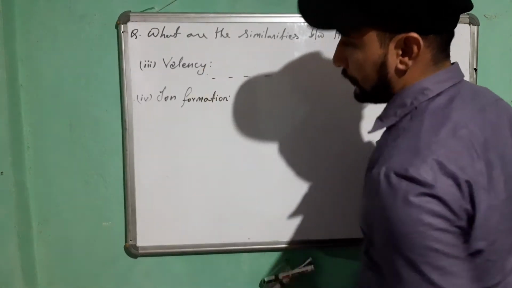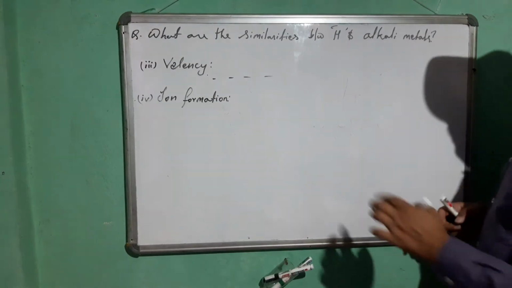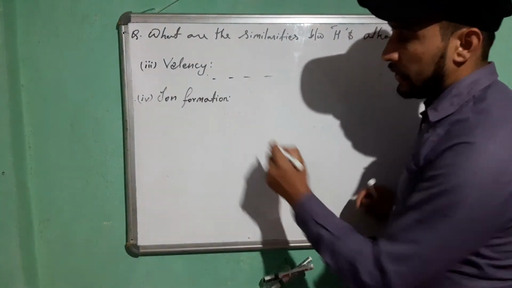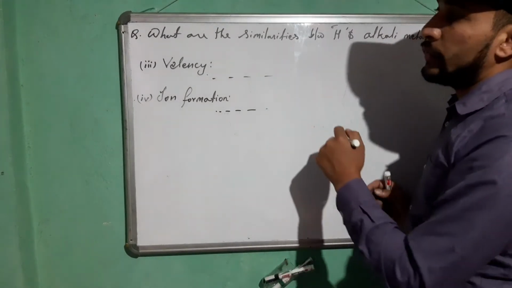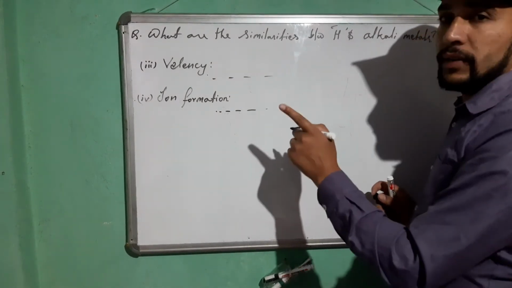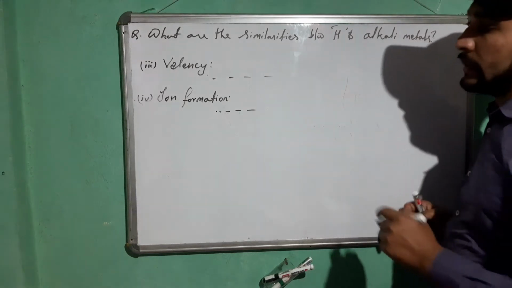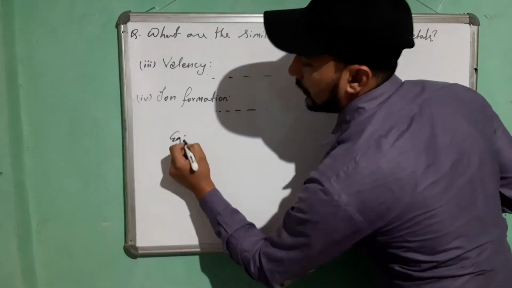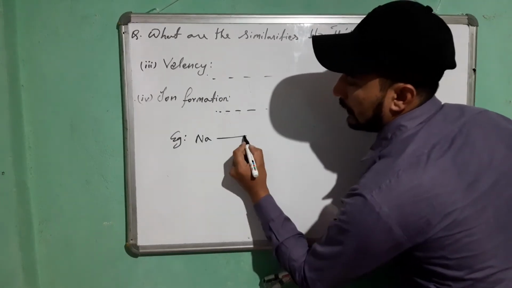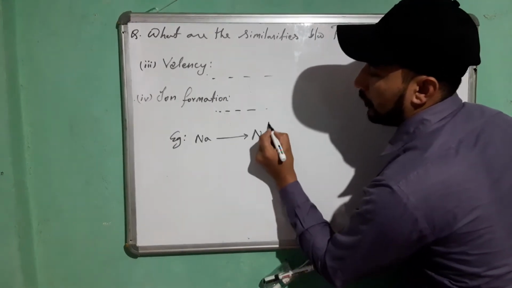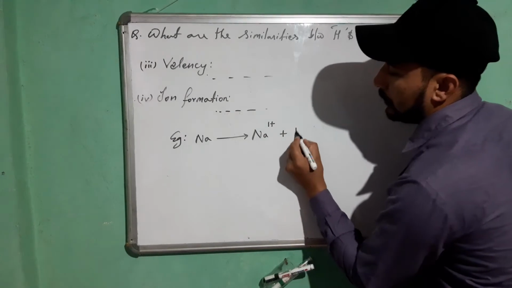Like alkali metals, you write it here, okay? Like alkali metals, hydrogen also forms unipositively charged ion. Example, alkali metal sodium, it forms Na+ by losing 1 electron.